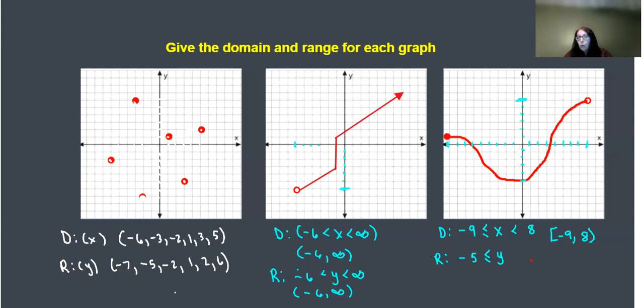But again, that's open, so I'm going to use a less than symbol. I'm not including the 6. So if I want to write it using parentheses and brackets, it's closed on -5, but it's open on the 6. All right, so just remember, the domain is left to right, the range is how high and low.